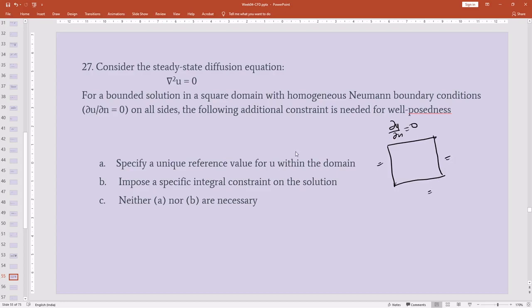If we want to solve the steady state diffusion inside this square domain, which of the following constraints should be satisfied? Option A, specify a unique reference value for u within the domain. Option B, impose a specific integral constraint on the solution. Option C, neither A nor B. You can inbox your answers.